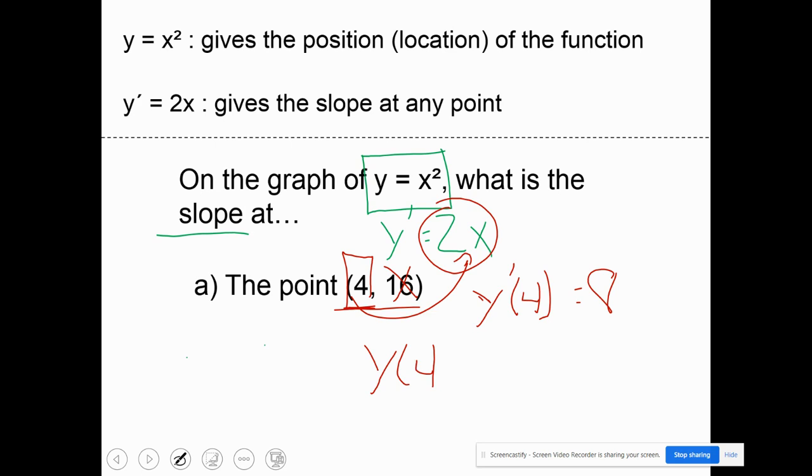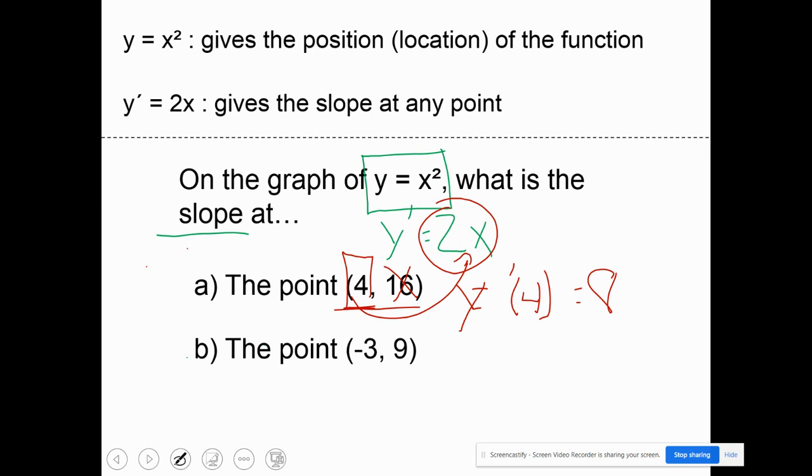y of 4 equals 16, but the equation y tells me my height, or my y value. y prime tells me the slope, and I know I've got a steepness of 8. Let me get rid of that. Whoops, that's a y prime there, wasn't it?